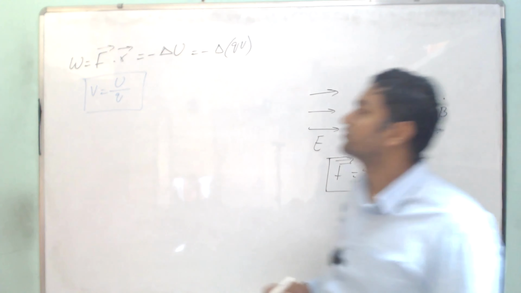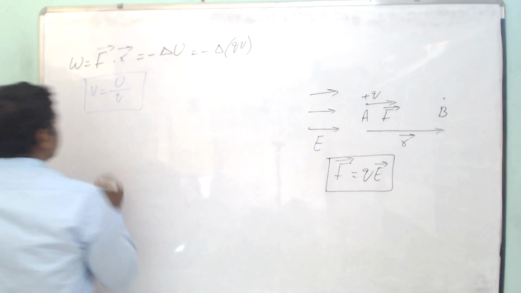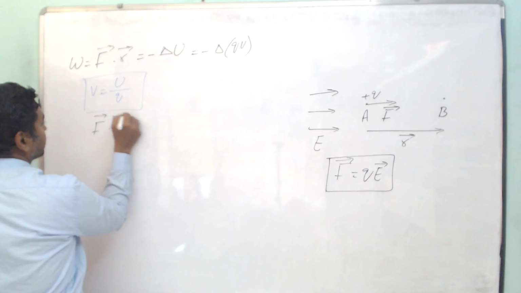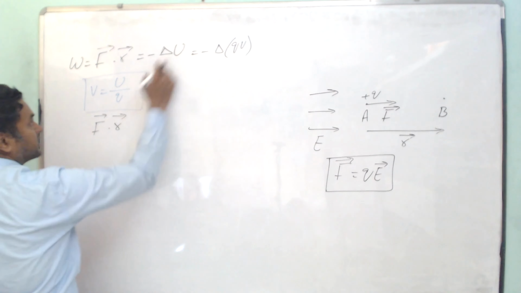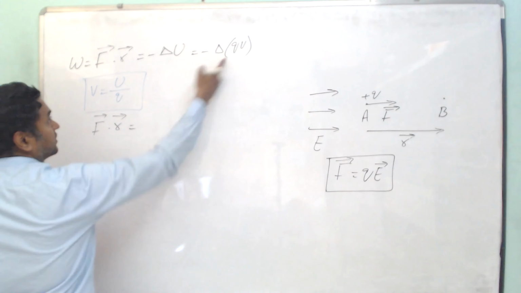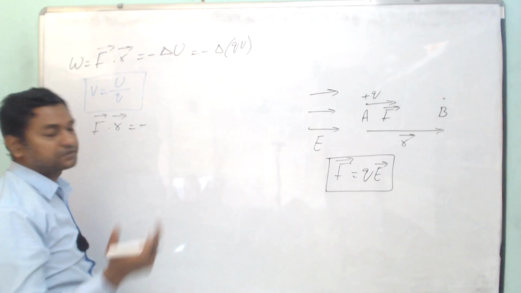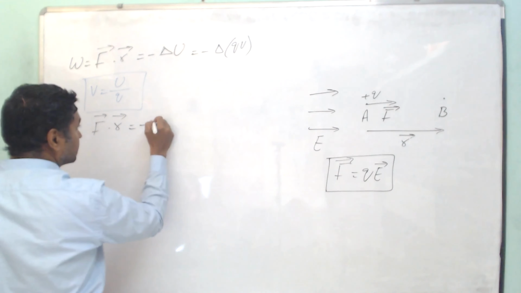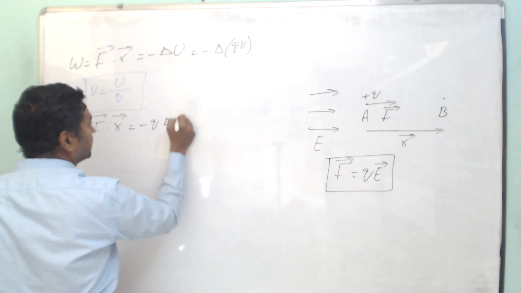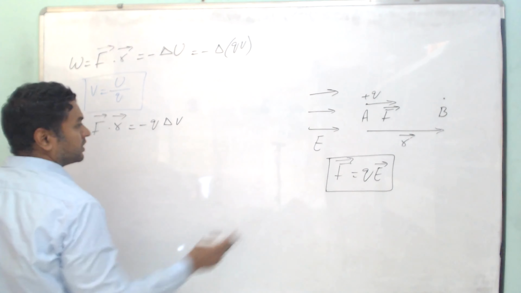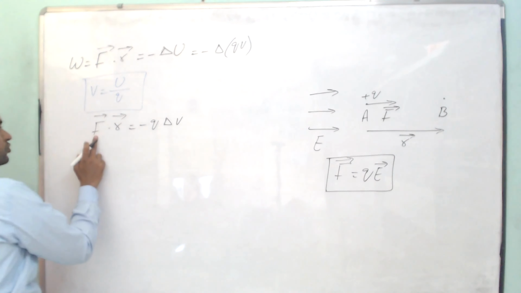Now, force F bar dot R bar, which is work done, I'm rewriting it, is equal to minus Q times delta V, because this charge is constant and I can take it outside. But F bar itself is equal to Q times E bar.